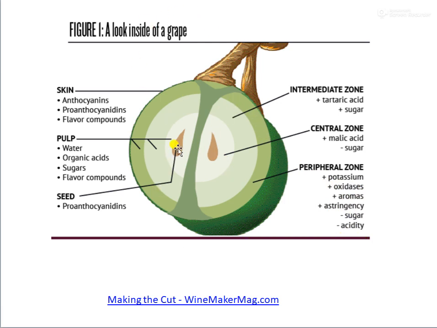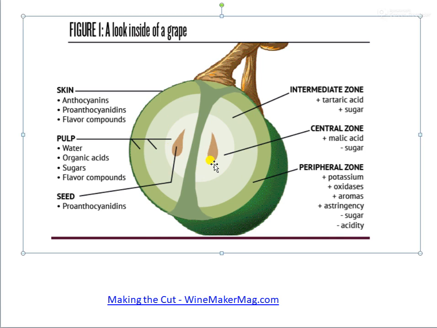So, if you look into this single grape, you can see that in it there is sugar present, organic acids present, and water present. Then there are malic acid and tartaric acid, and various other organic acids, which come under the category of fatty acids.